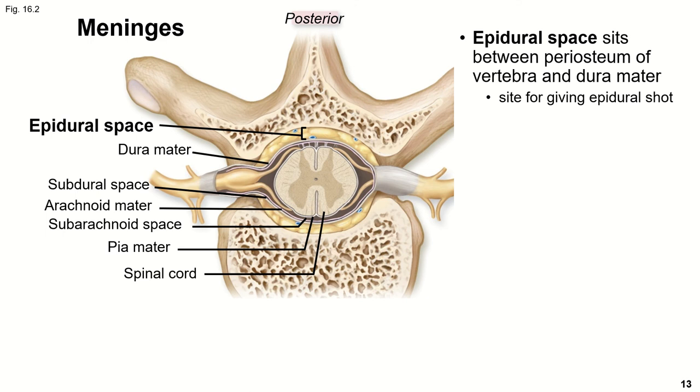So they feel along those spinous processes, they feel the space between them, and then they stick a giant needle through that space, through the intervertebral disc, into this tiny little space right here, and that is where they make the injection. And then because of that injection, it will numb everything from the site of the injection down. So that way the woman won't feel any more pain from the contractions.